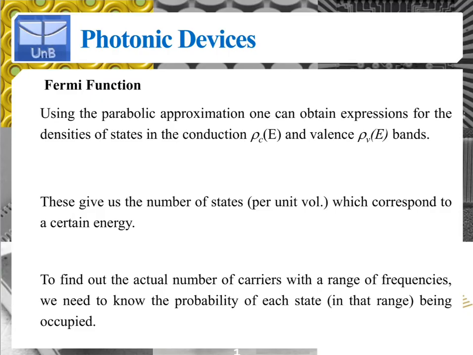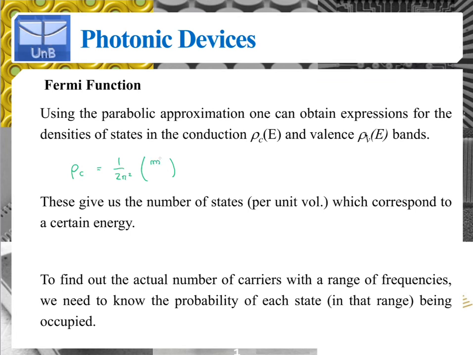Just as a reminder, we saw in our last lecture that using the parabolic approximation, we were able to obtain the density of states in the conduction and valence bands. And these looked something like this. So rho c was 1 over 2 pi squared times m star.